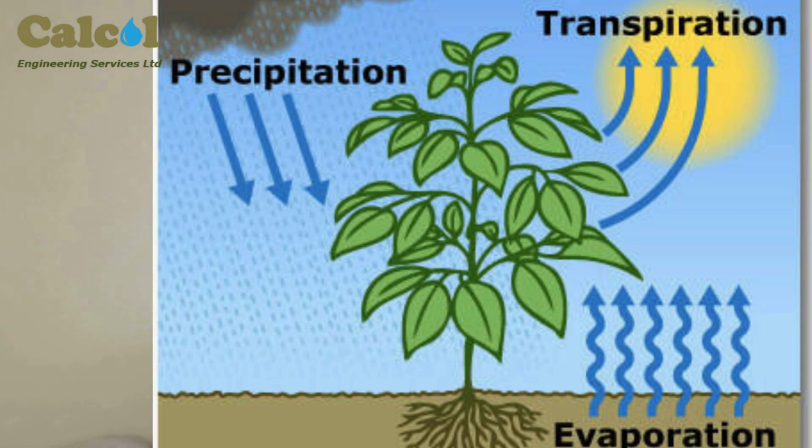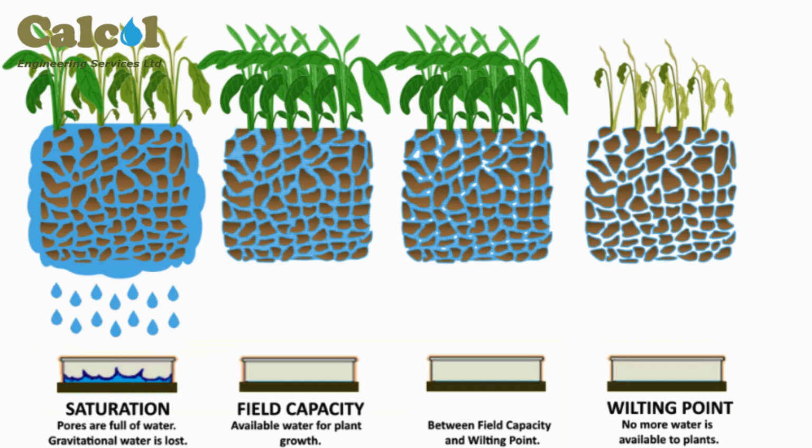If the moisture content of the soil is not able to meet the transpiration rate of your crops, then what happens? Your crops start wilting. This will continue until your crops wilt permanently and will not be able to be restored. That is why it is called the permanent wilting point.